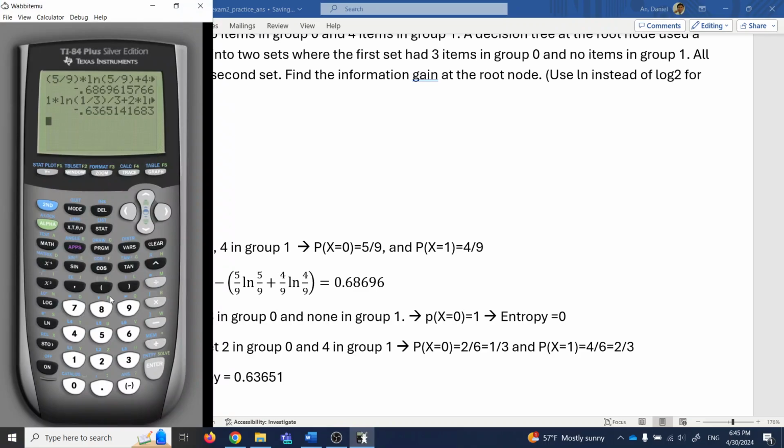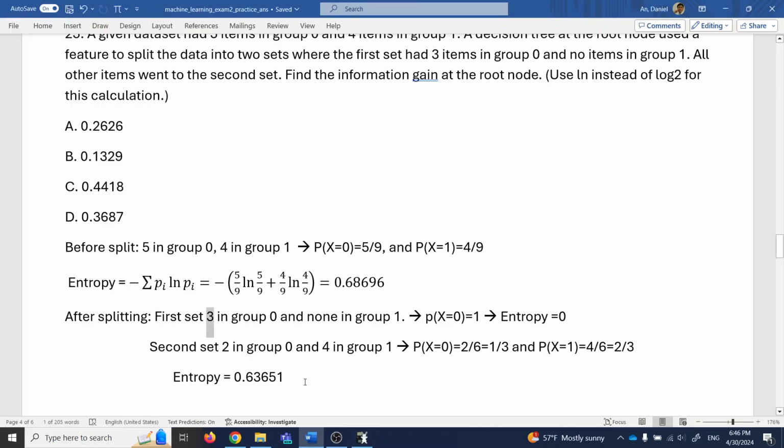We're going to take 3 items belonging to the first set, which has 0 entropy, plus 6 items belonging to the second set, which has 0.63651 as the entropy. And then you divide this by 3 plus 6, which is 9. So you end up with 0.42434.